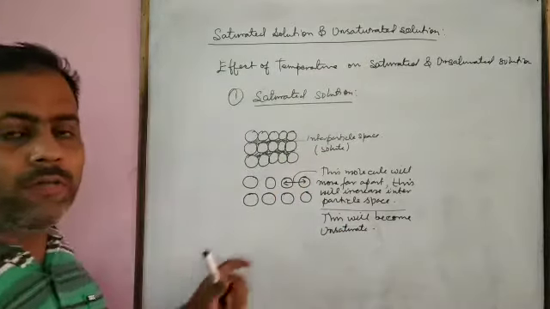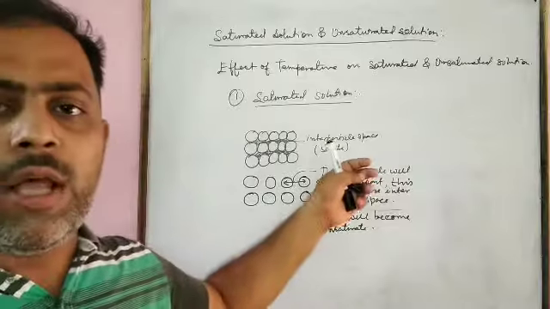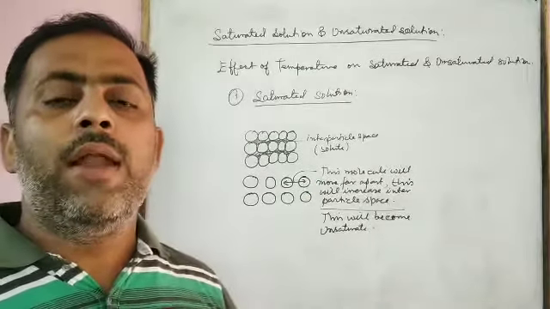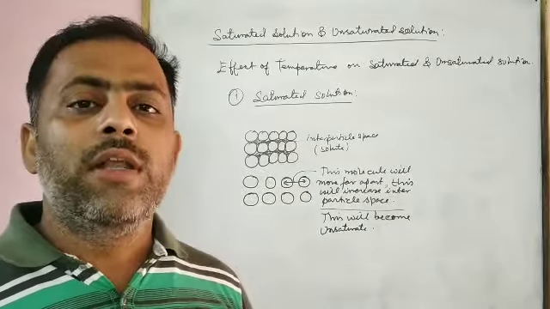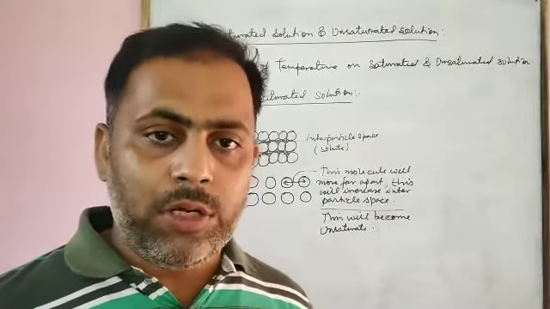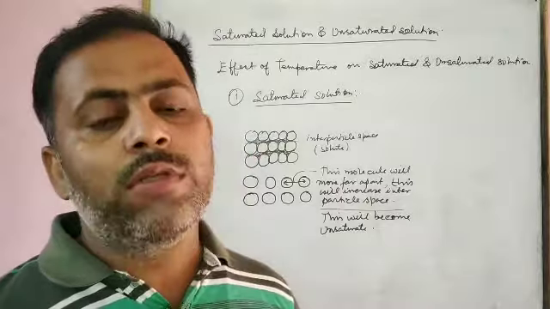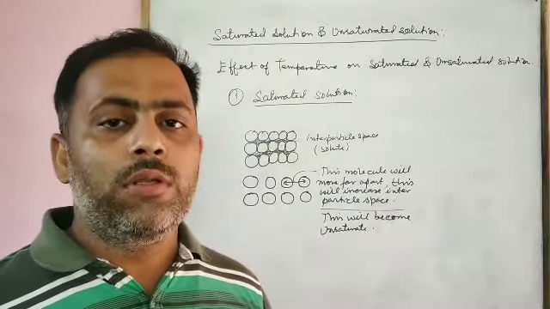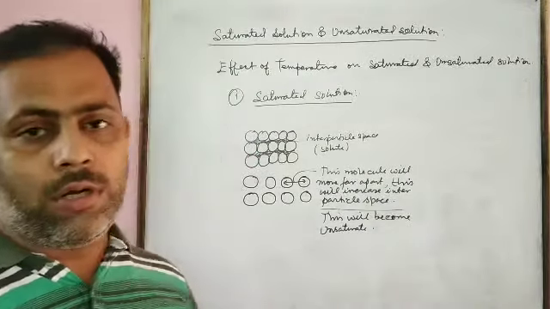What we see here is that on increasing temperature, the interparticle space increases. When interparticle space increases, more and more solute can be dissolved, and the solution in which more and more solute can be dissolved is termed as unsaturated solution.